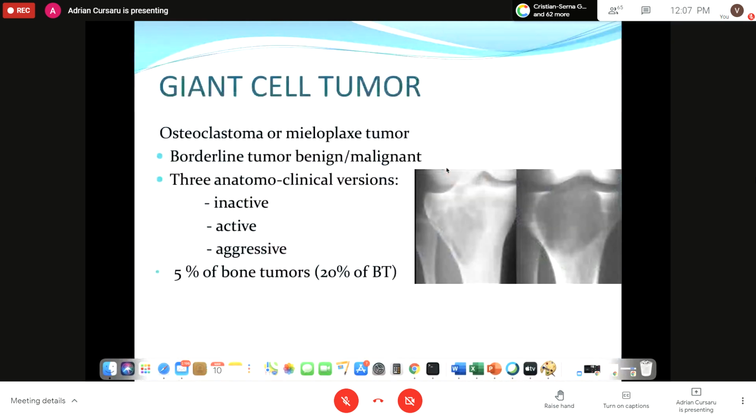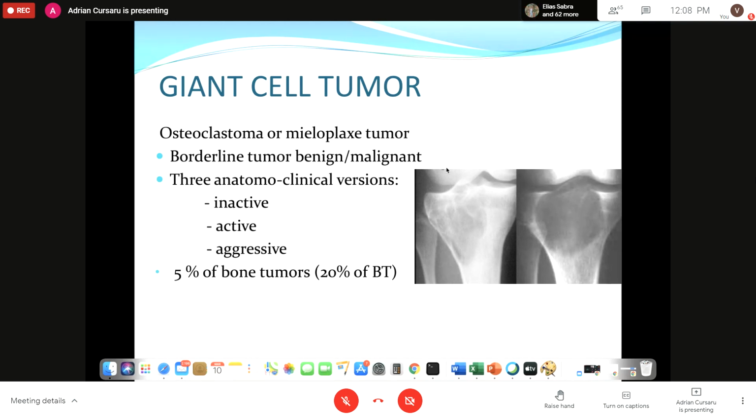Other frequent tumors are the giant cell tumors. The names for that type of tumor are osteoclastoma or myeloplax tumor. It is a borderline tumor because it has 3 stages, and it is very important to make a biopsy and then the surgical treatment, because you have to know how to treat that kind of lesion.